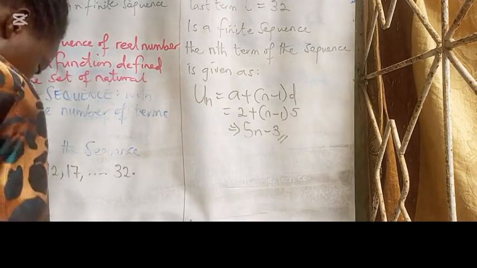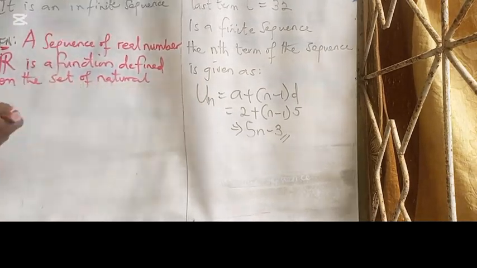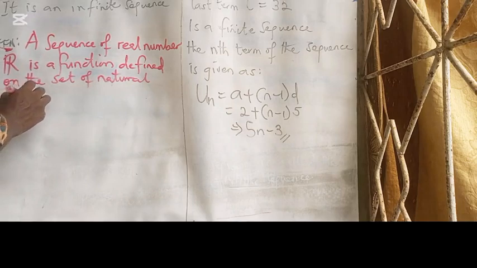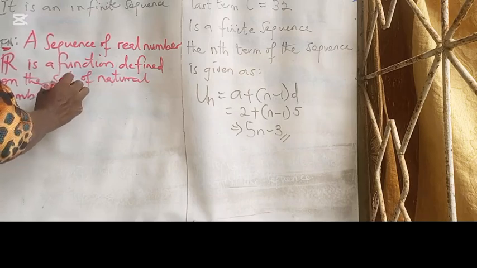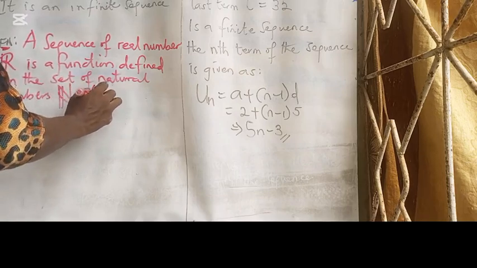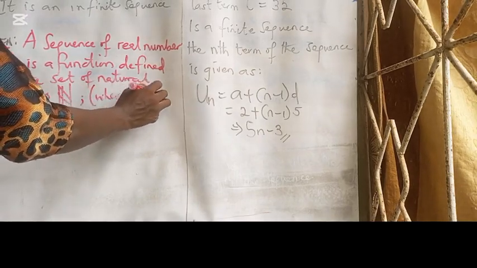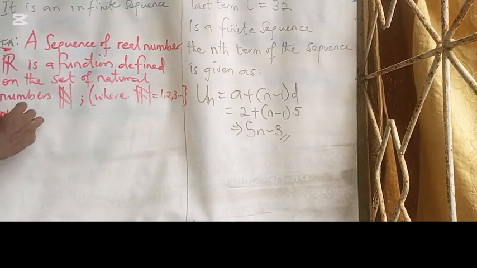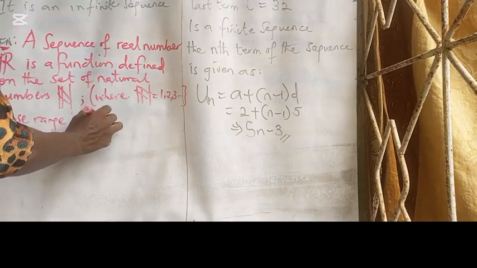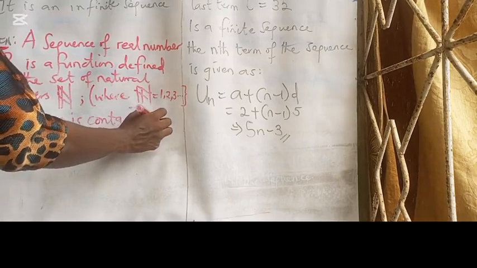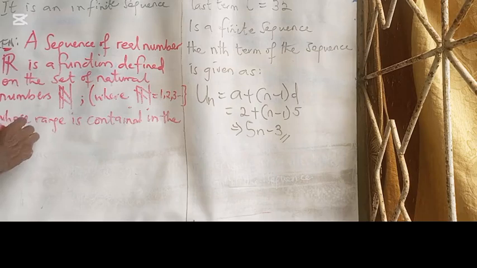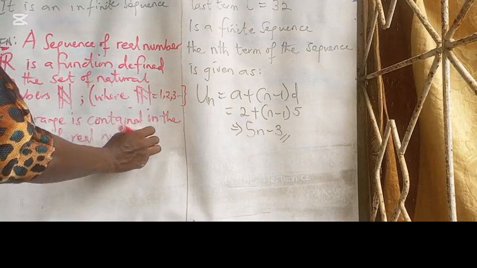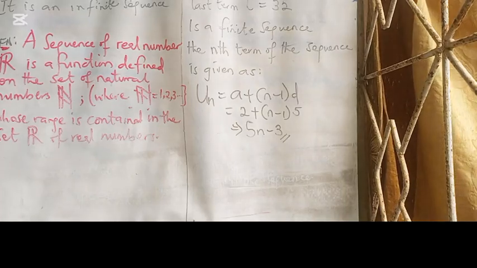A sequence of real numbers is a function defined on the set of natural numbers whose range is contained in the set R of real numbers. That would be a formal definition for a sequence.